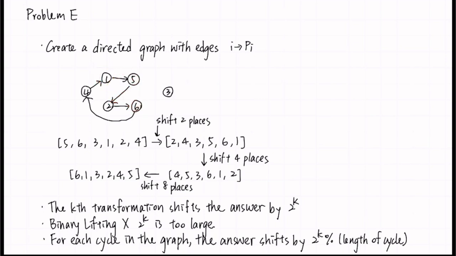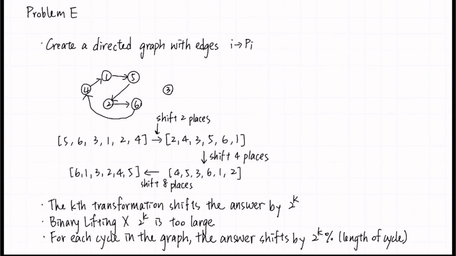And for the second location, when we shift 3 places, it goes to 1. And so we can just find all the cycles by doing a DFS. And for each element in the cycle, we update the answer by shifting the value by 2 to the power of k modulo the length of the cycle.